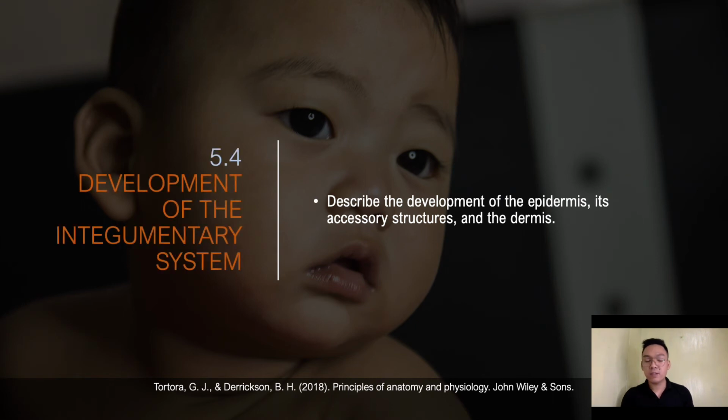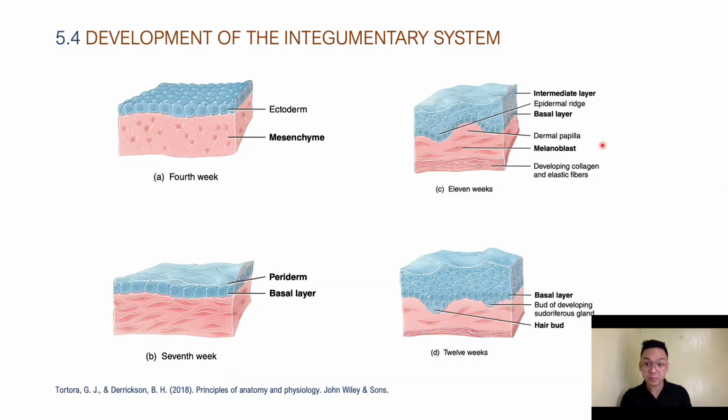Now, in the development of your integumentary system, we will try to see the development of the epidermis, its accessory structures, and the dermis. So you've learned that the epidermis is derived from your ectoderm, which covers the surface of your embryo.